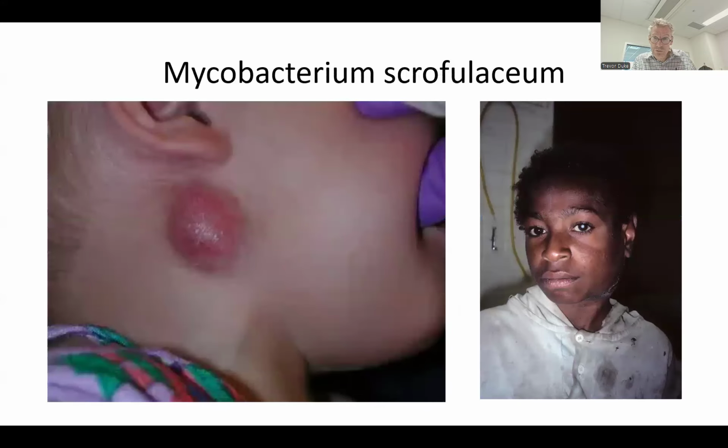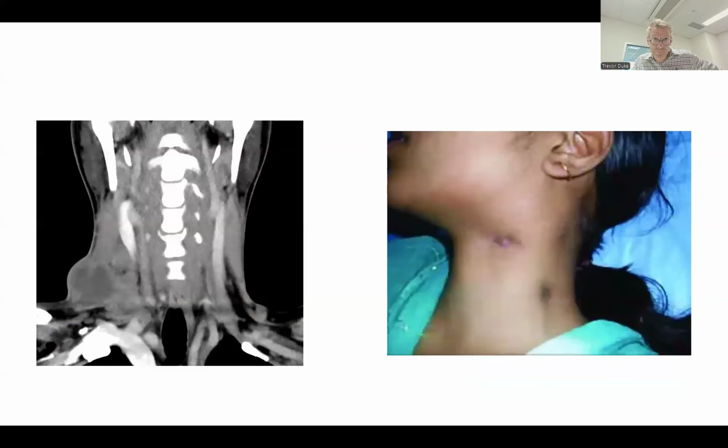These are a couple of children that had Mycobacterium scrofulaceum, and again, an otherwise well child who gets that sort of adenitis. It could be Staph aureus, of course, it could be Mycobacterium tuberculosis, or it could be Mycobacterium avium intracellulare. This adolescent also had a cold abscess that probably was Mycobacterium tuberculosis.